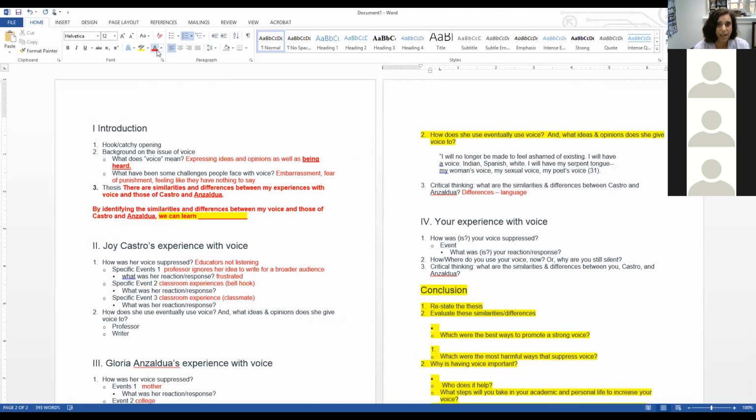For Gloria Anzaldúa, her biggest challenge was the language of Spanish, Tex-Mex, Spanglish, English with an accent, whereas Castro didn't have that. Castro was only speaking English, but the rest of the similarities are there. The big similarity is the voice being suppressed. Okay, so I typed that on the screen as well for you guys.